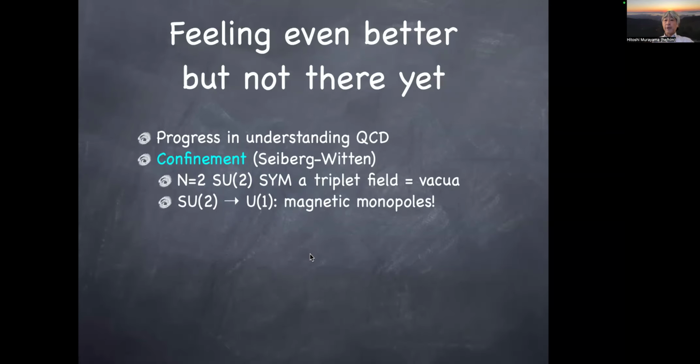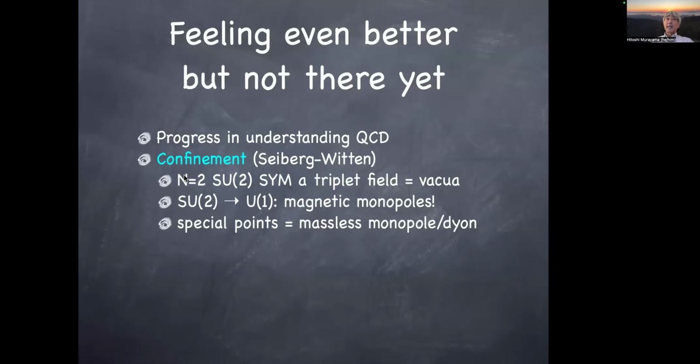And among the infinite number of ground states, there are special points. What is amazing about the Seiberg-Witten work is that they could convincingly show that at these special points, the monopole or dyon, which is a magnetic monopole that also has electric charge, becomes massless.